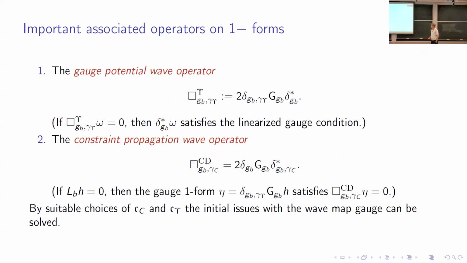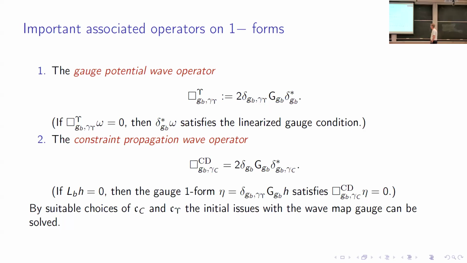Okay. In addition to your linearized Einstein operator, we have at the principal level two operators on 1 forms that you have to control. One is what we call the gauge potential operator. If this operator hitting the 1 form is 0, then the symmetric gradient of the 1 form satisfies the linearized gauge condition.